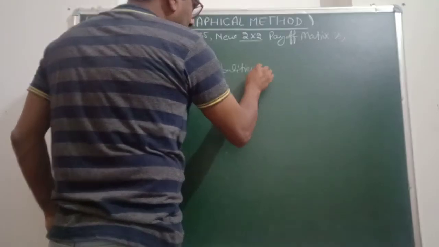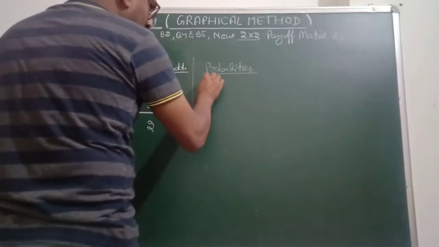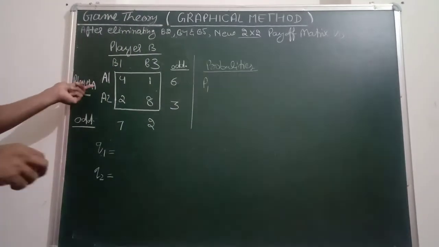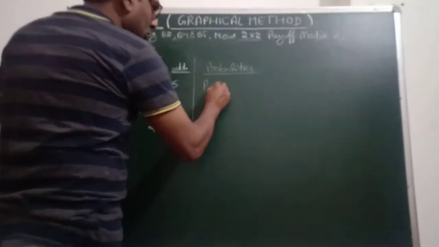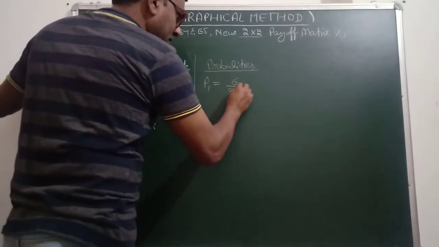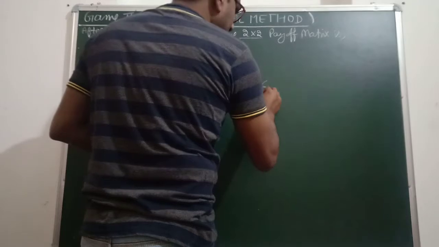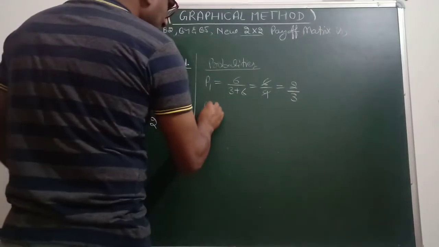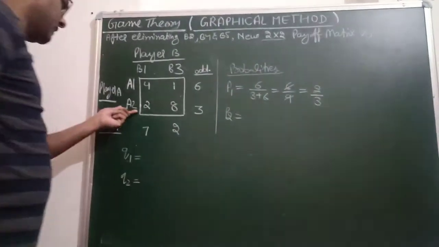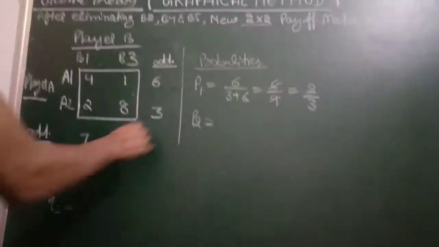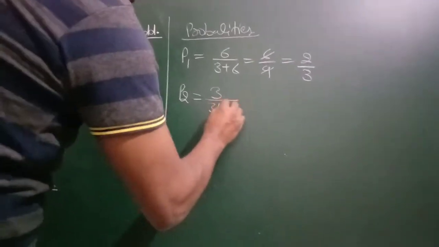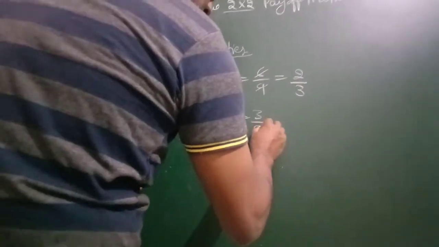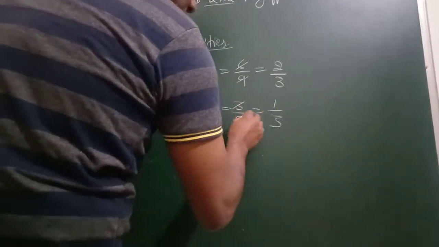The probability of playing strategy A1 by player A is oddment divided by the sum of oddments. This is 6 by 9, or 2 by 3. Similarly, the probability of playing strategy A2 by player A is 3 by the sum of oddments, which is 3 by 9, or 1 by 3.